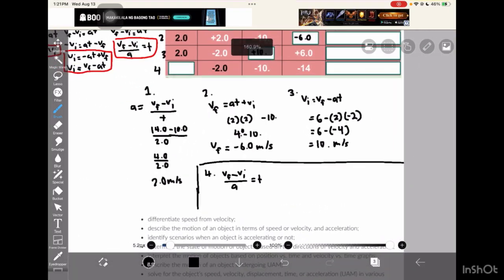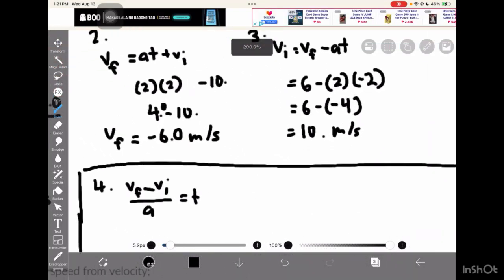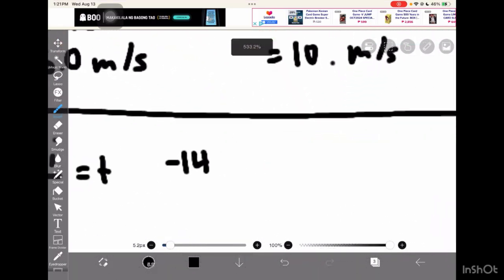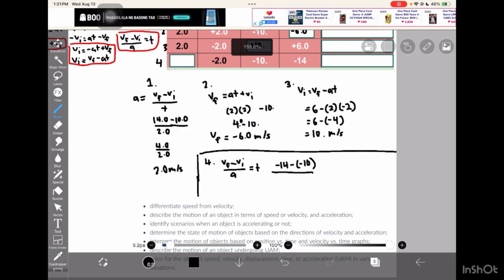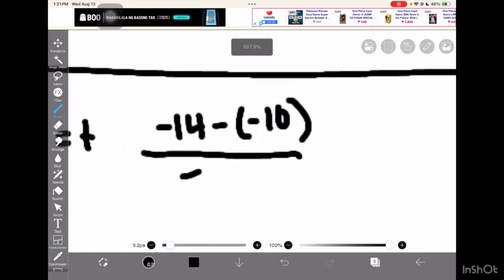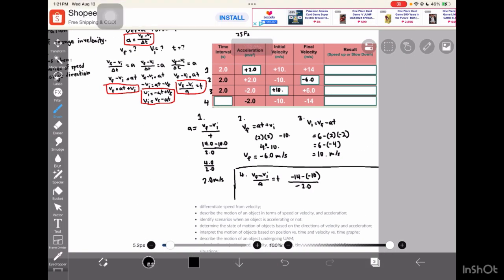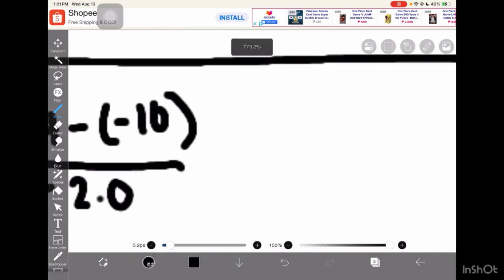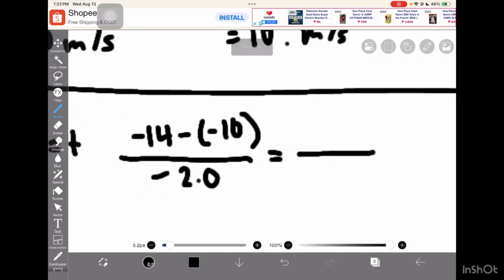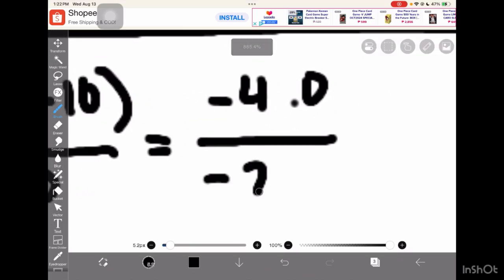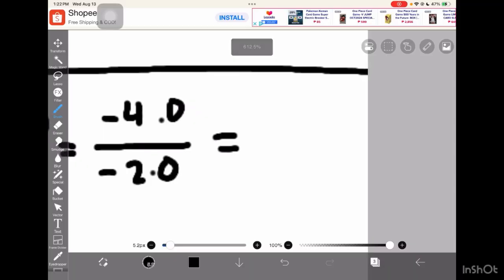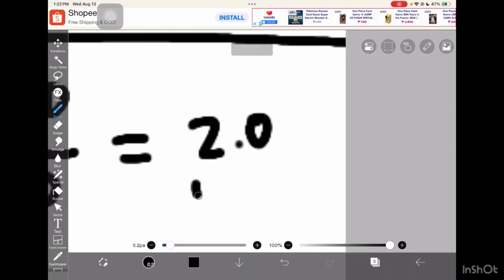That's equal to v sub final is negative 14, minus negative 10, all over acceleration, which is negative 2.0. So that's negative 14 plus 10, so that's negative 4.0 over negative 2.0, which is equal to 2.0. So let me just check the answer key to see if this is correct.